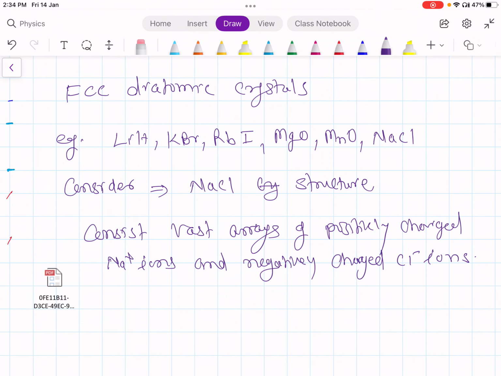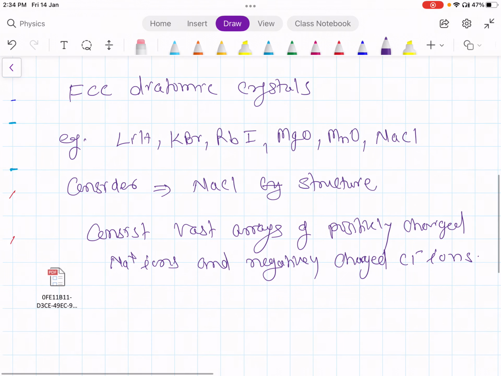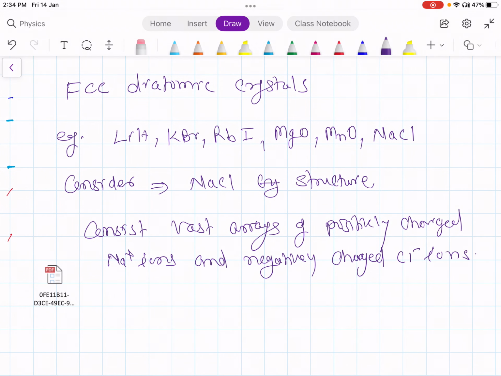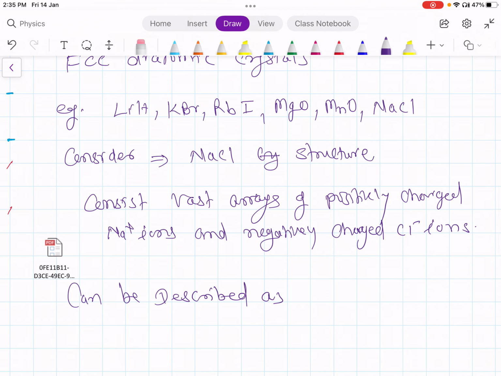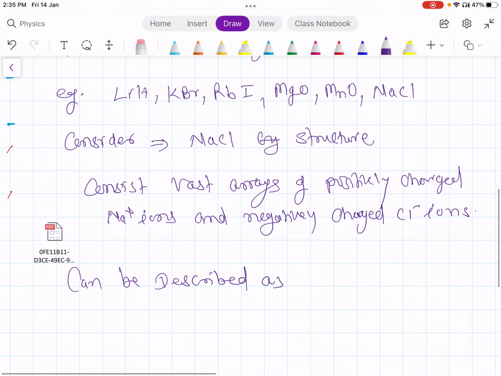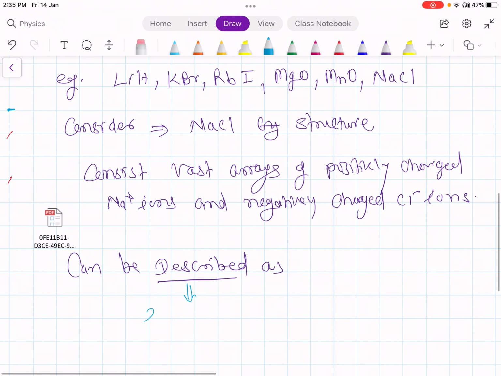This NaCl structure can be described as two interpenetrating FCC monoatomic sublattices. One belongs to sodium and the other belongs to chlorine.